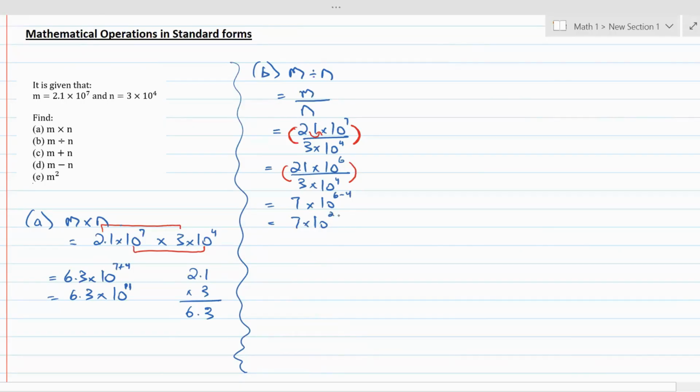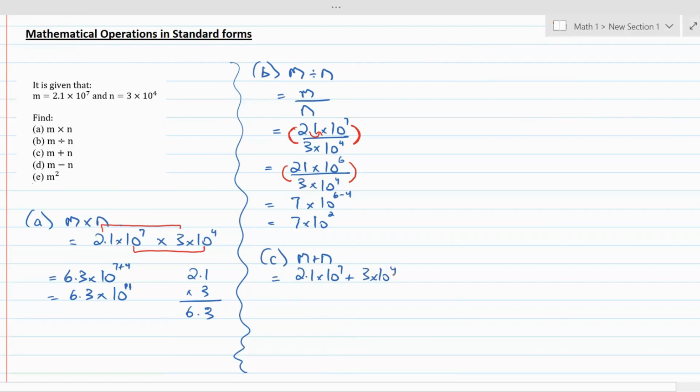This was about division. Next we have the case of addition. Now for addition, let me write the expressions first. M is 2.1 into 10 raised to the power 7 plus 3 multiplied by 10 raised to the power 4.